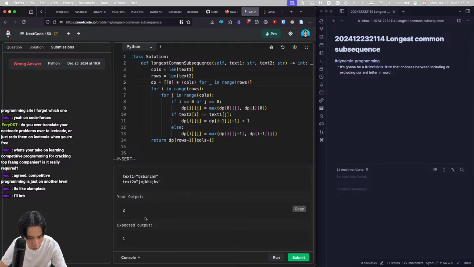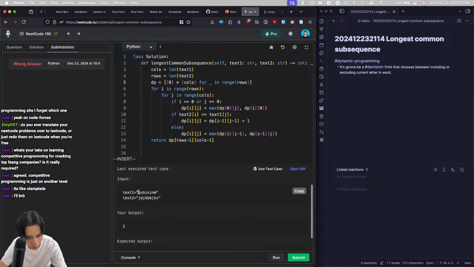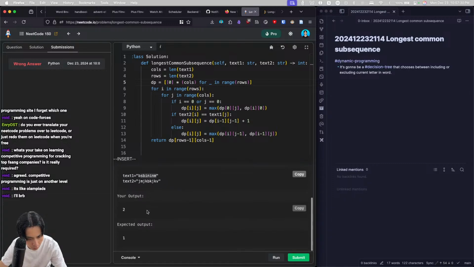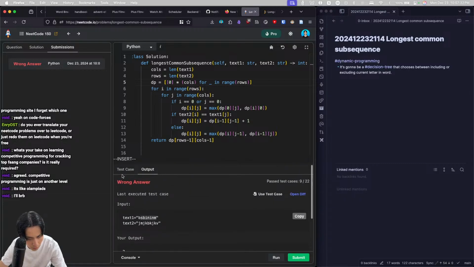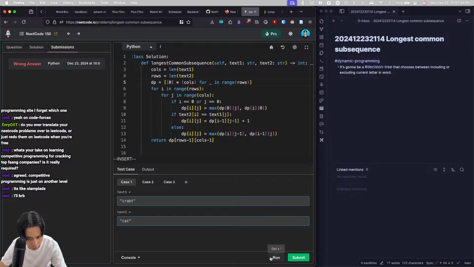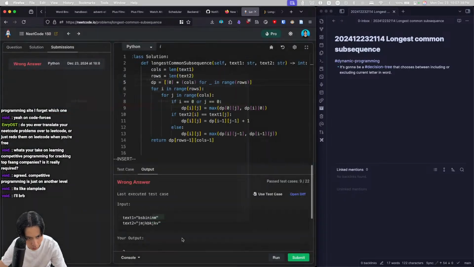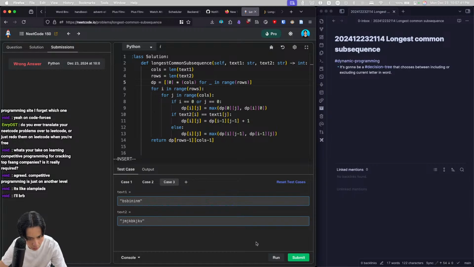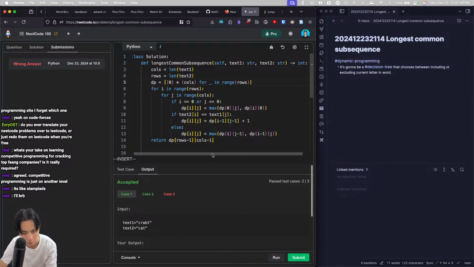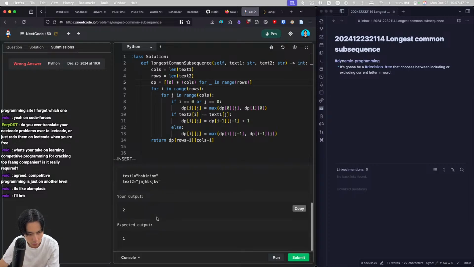Your output was 2 when you expected output 1. Okay. Let's have a look. Use test case. Run.